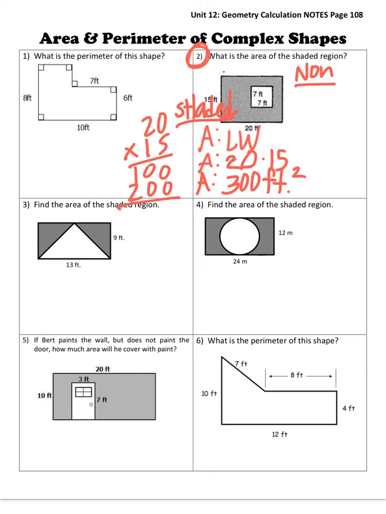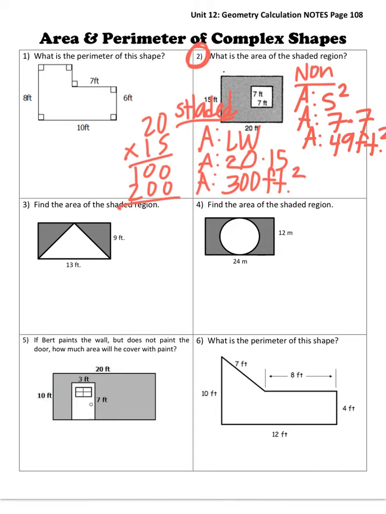So I have a square for the non-shaded figure, 7 by 7 sides. So its area is equal to side squared. So 7 times 7, which is 49 feet squared.